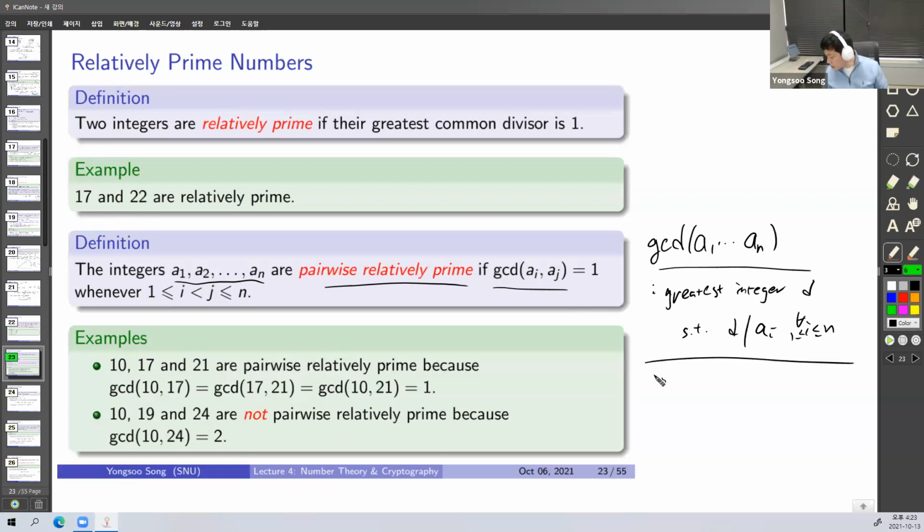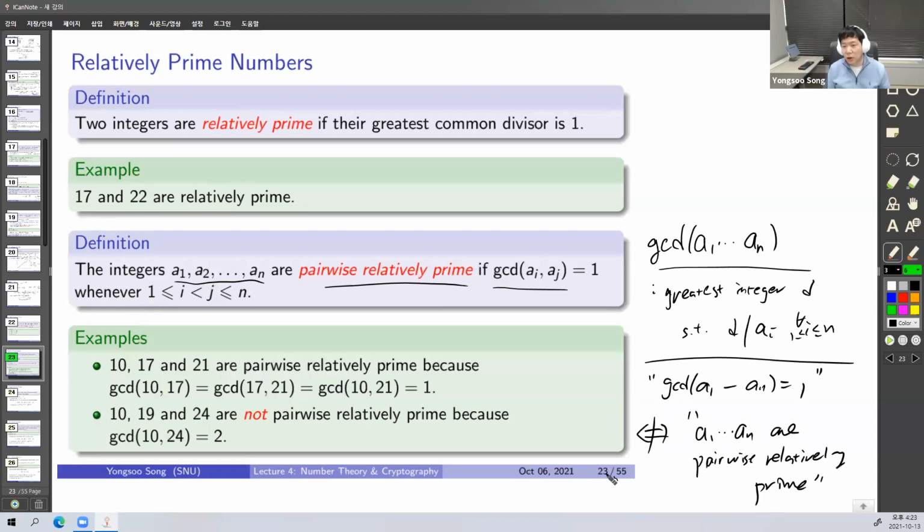First, GCD of A1 to AN is 1, and second, A1 to AN are pairwise relatively prime. These two statements are not equivalent, and you can easily find a counterexample.